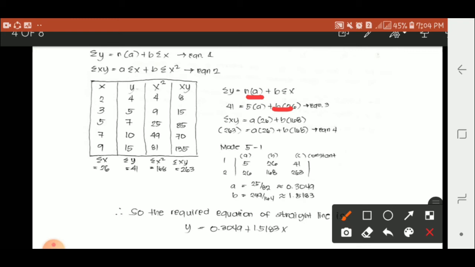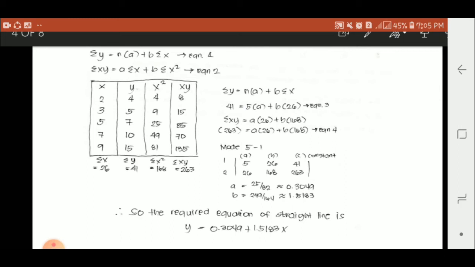I entered the coefficients of the unknown variables: in equation 3, the coefficient of a is 5, the coefficient of b is 26, and the constant is 41. In equation 4, the coefficient of a is 26, the coefficient of b is 168, and the constant is 263.